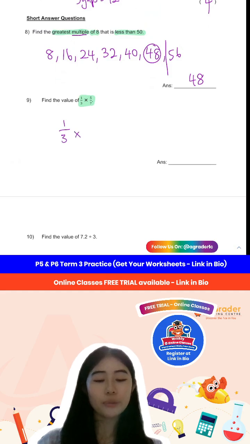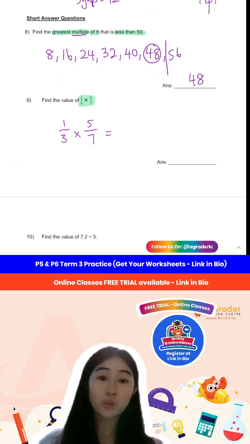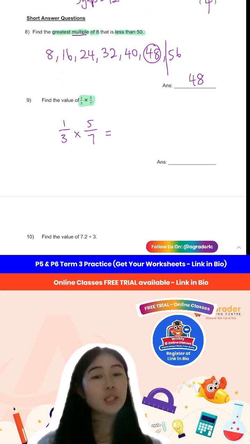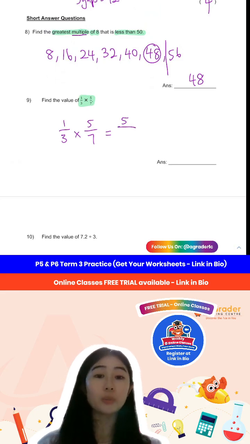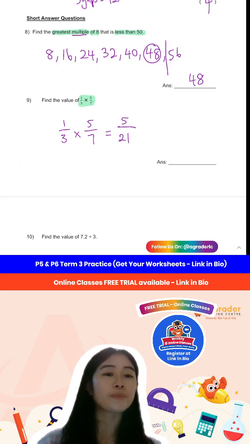1/3 times 5/7. The first thing you should do is check whether you can cross cancel anything. For this one, you cannot, so you just multiply straight away. Numerator times numerator: 1 times 5 gives you 5. Denominator times denominator: 3 times 7 gives you 21.